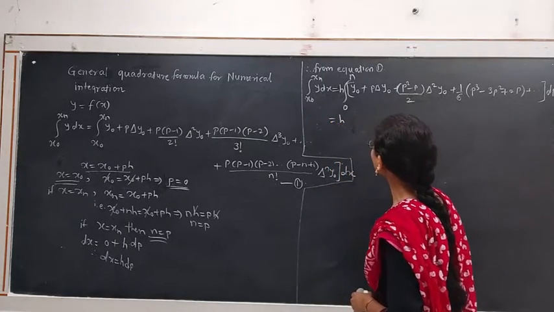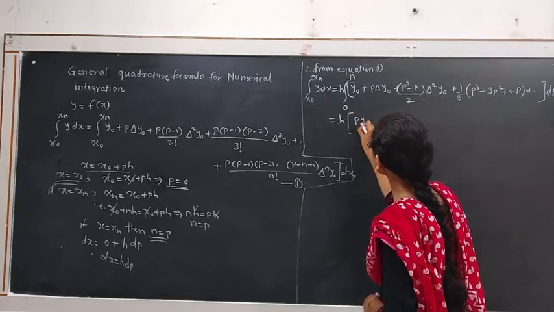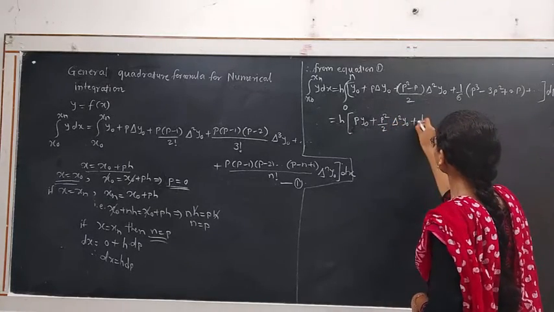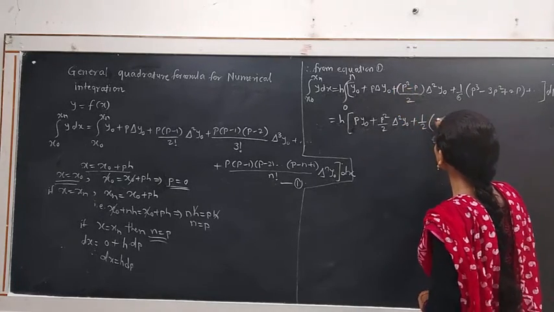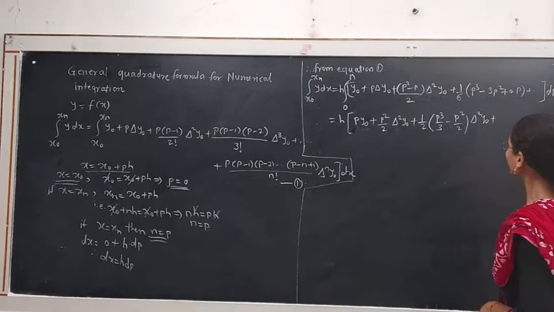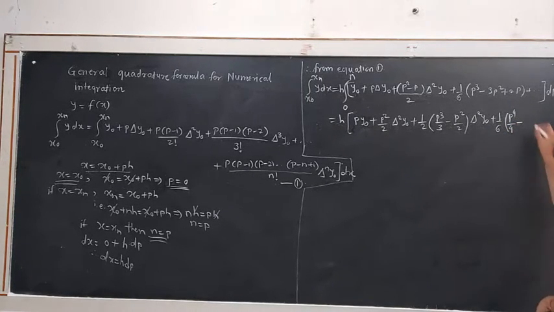This is equal to h into y0 into integration of dp is p, means this first term is p into y0, plus integration of p is p square upon 2 into del y0, plus 1 upon 2 is same, integration of p square is p cube upon 3 minus p has integration p square upon 2, into del square y0, plus 1 upon 6 into integration of p cube is p raised to 4 upon 4, minus integration of 3p square is p cube, because 3 and 3 are cancelled, plus integration of p is p square upon 2, and this 2 is cancelled with 2 which is in denominator, plus the term is p square plus so on, and the limits for p are from 0 to n.